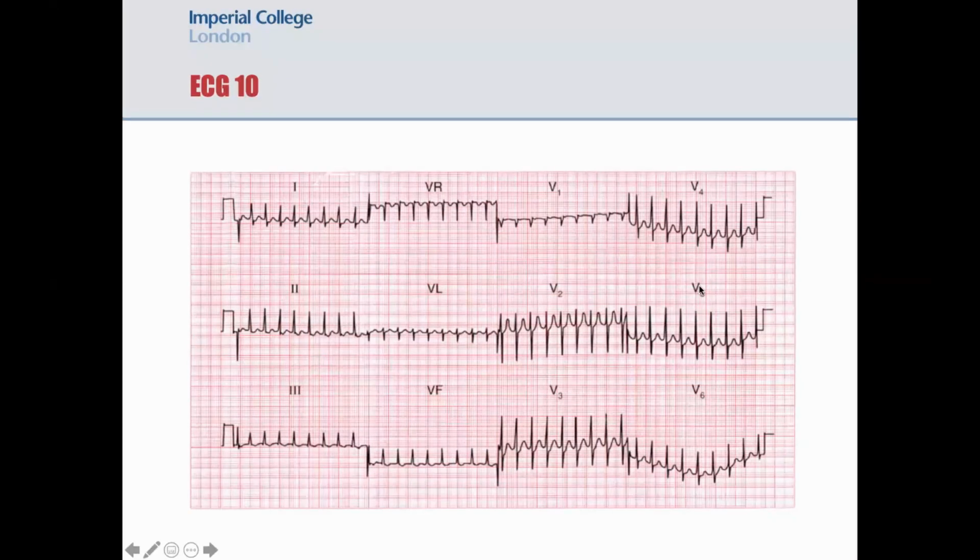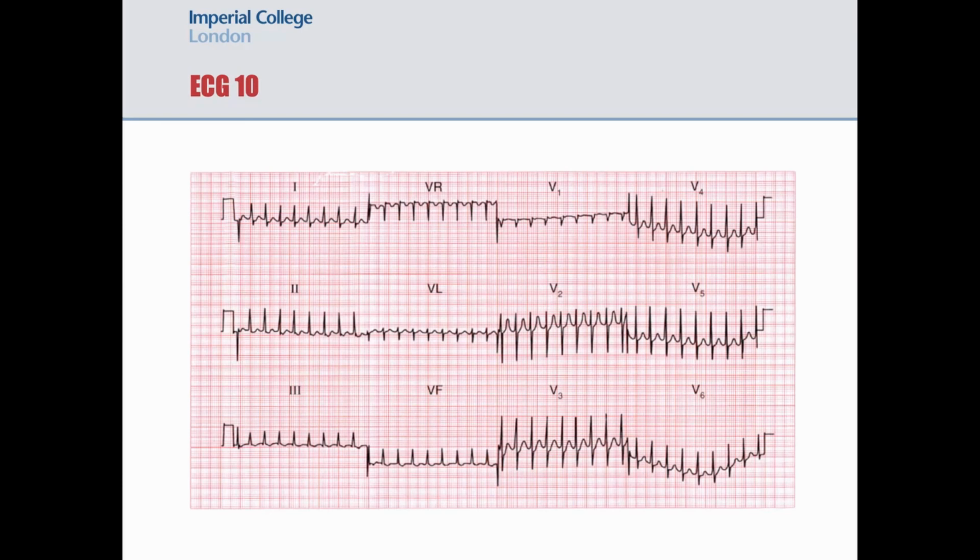Okay, great. So people have said that there's no P wave present. And also I want you to write down what you think about the heart rate. Yeah, absolutely.